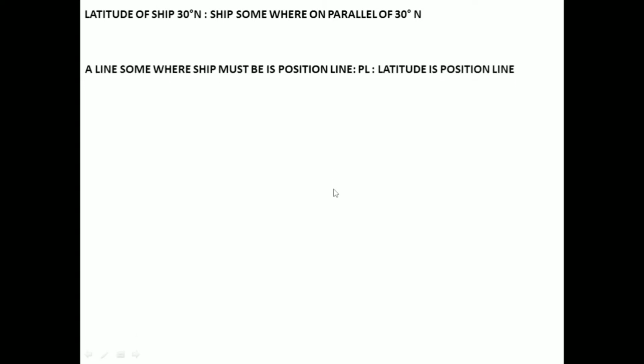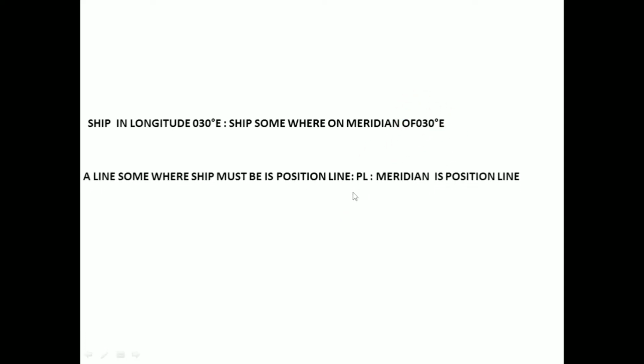So this is a line on which your position is somewhere. Now your latitude has become your position line. If I said the longitude was 30 degrees east, I'll be somewhere on the meridian of 30 degrees east, and that is my position line. I'll be on the meridian somewhere.